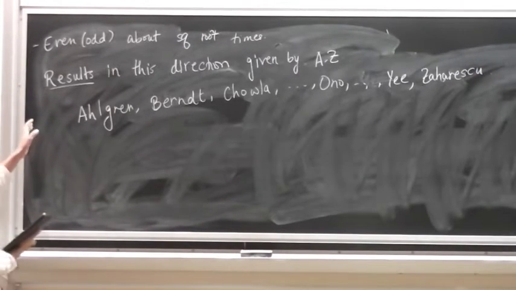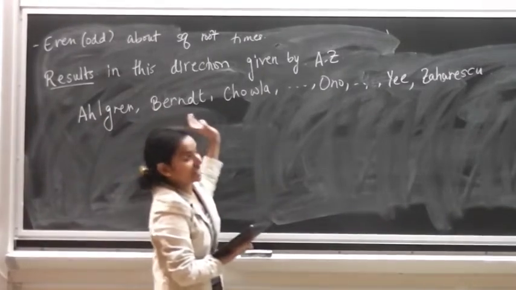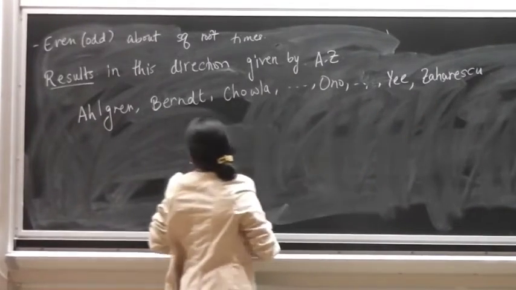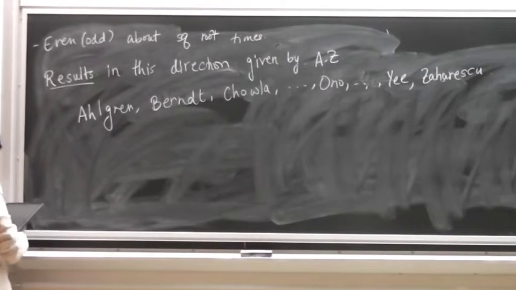In case I miss some name, this is just because I wanted to make it look like A, B, C, D up to Z. So this is what we have.